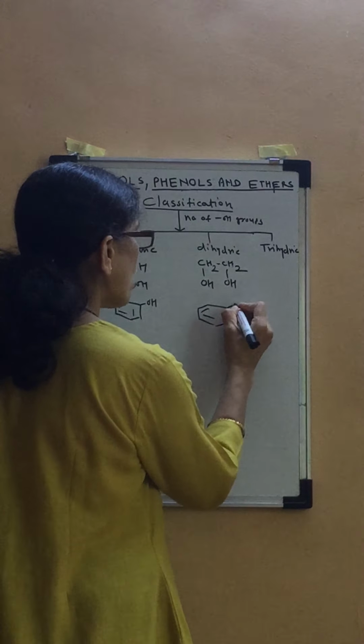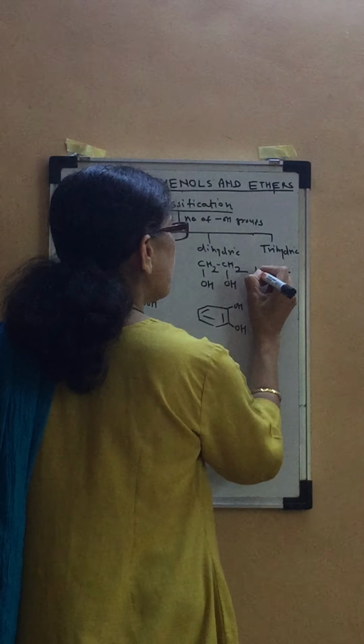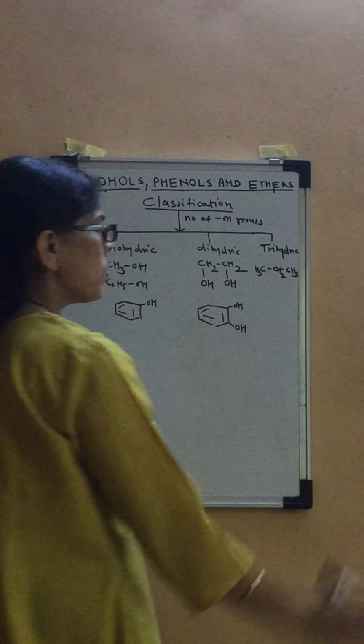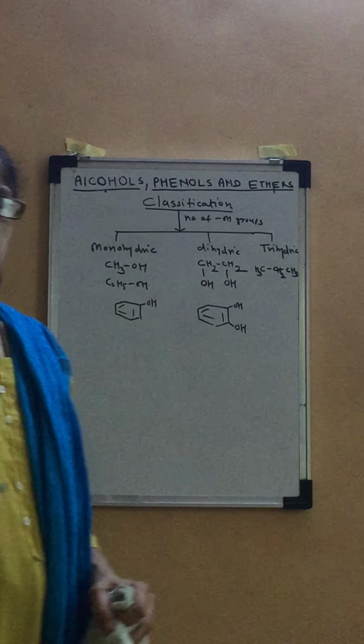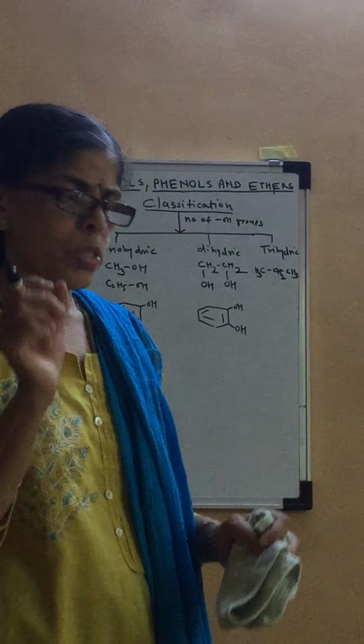We can have trihydric alcohols or trihydric phenols. For trihydric alcohols, if you have propane, in which three carbon atoms are there, and you remove one hydrogen atom from each carbon atom and substitute them by three OH groups, see what we will get.